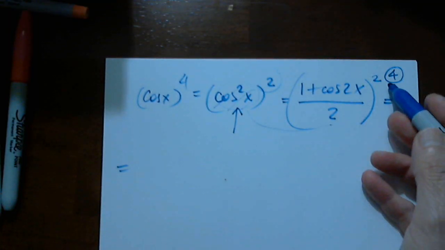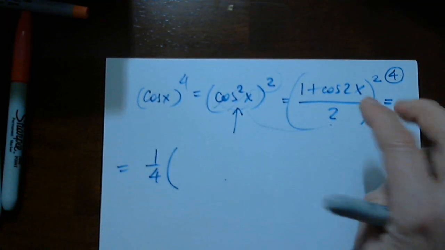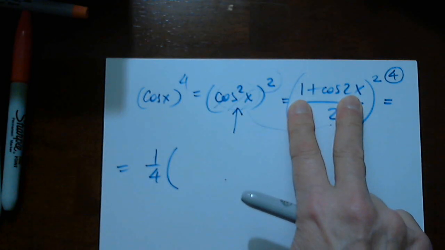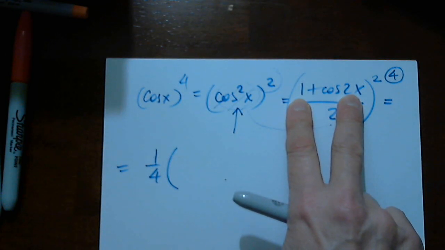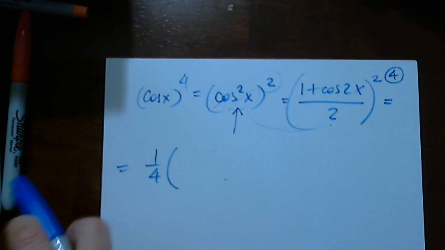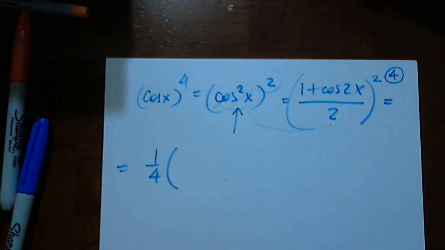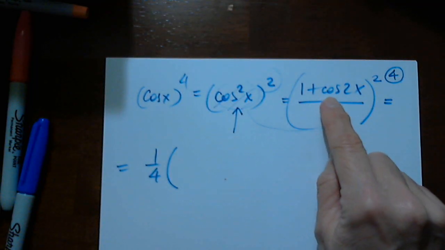Okay, so then I have 1/4 in front, and I have to square a binomial. By the binomial theorem, how many terms do I have to get? Two.